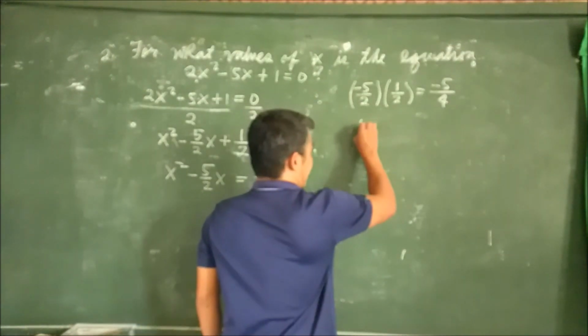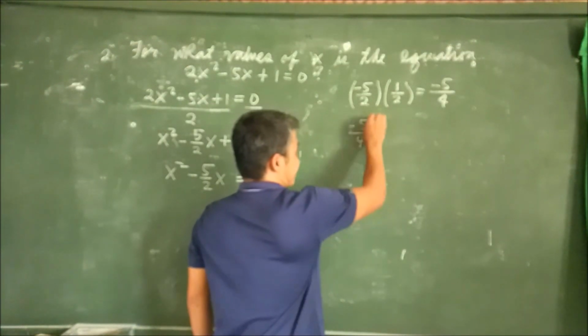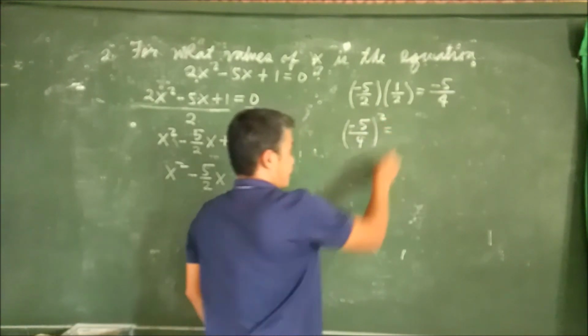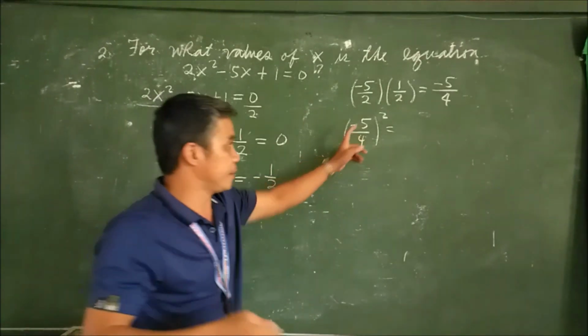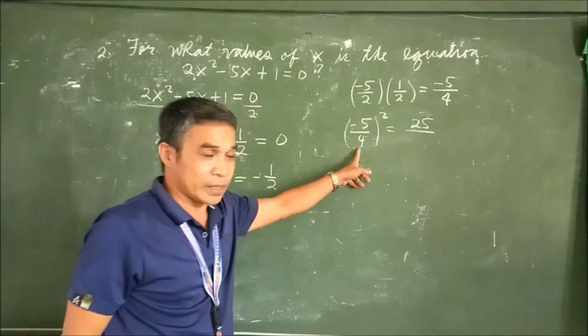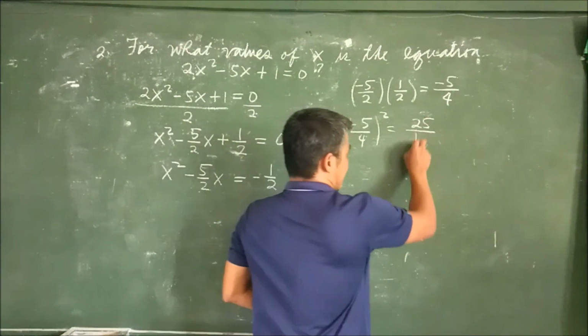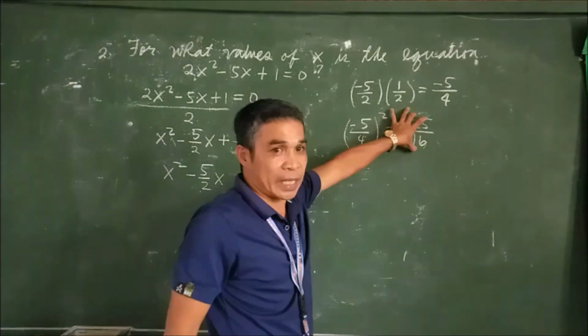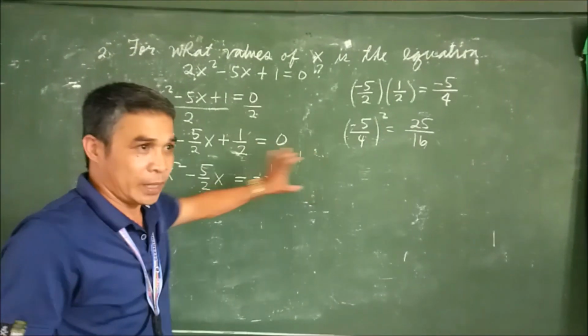Ngayon, i-square natin yan. Negative 5 over 4. Then, negative 5 times negative 5 equals positive 25. Then, 4 times 4 is equals to 16. Ito ang i-plus natin both sides of the equation.